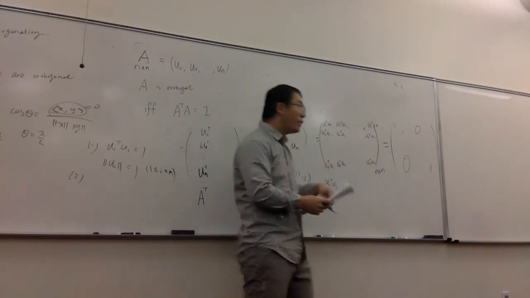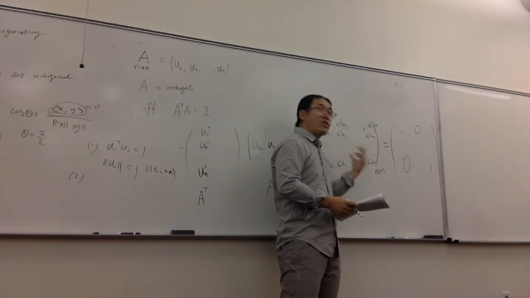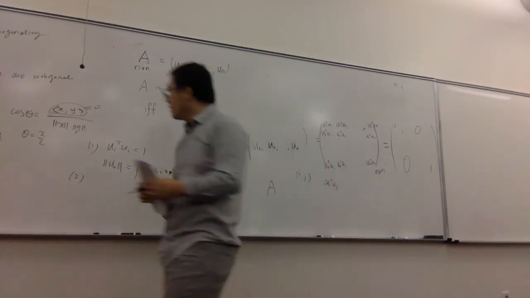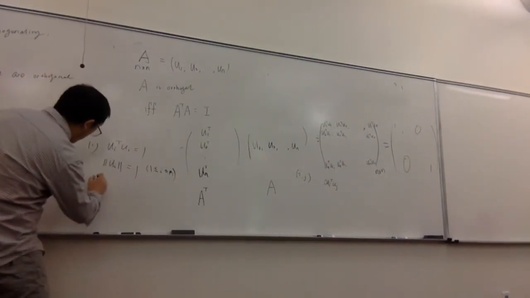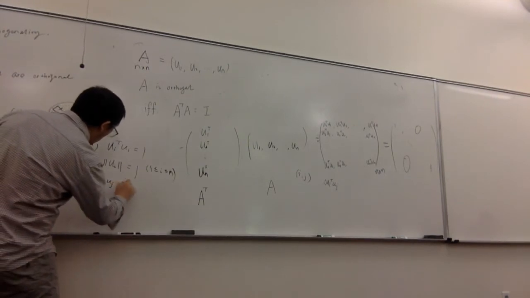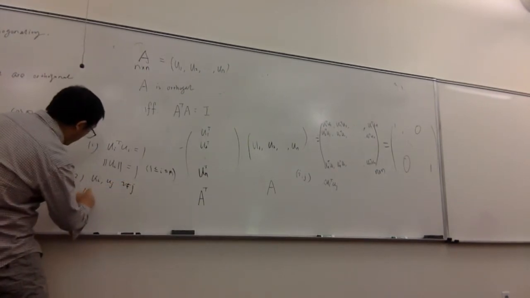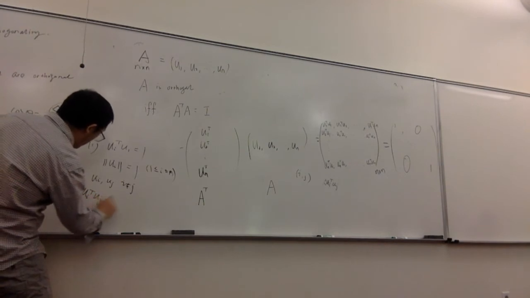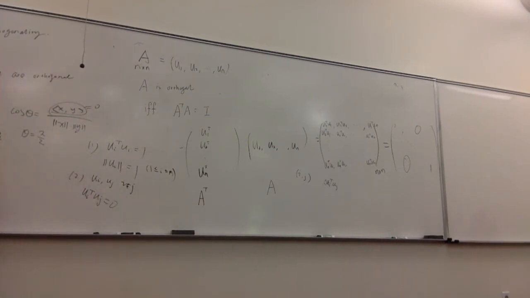Because these off-diagonal elements are zeros, for any two distinct column vectors ui and uj, where i is not equal to j, their inner product is 0, meaning that they are orthogonal. This is the definition of orthogonal vectors: when we say two vectors are orthogonal, their inner product is 0.